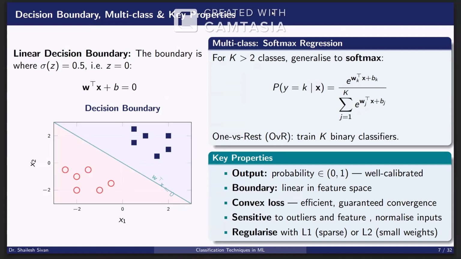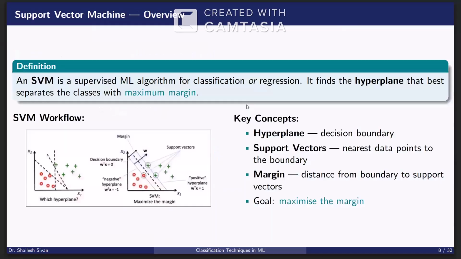Yeah. So next we are trying to understand another classification method, which is called support vector machine. A support vector machine is again a classification algorithm which finds a linear hyperplane.